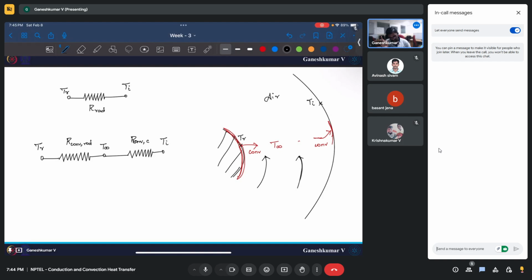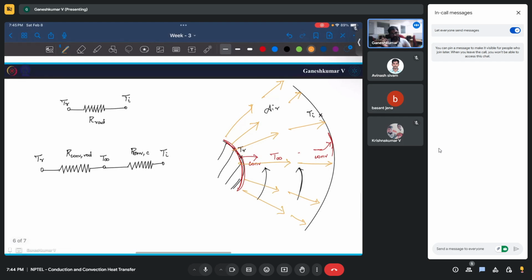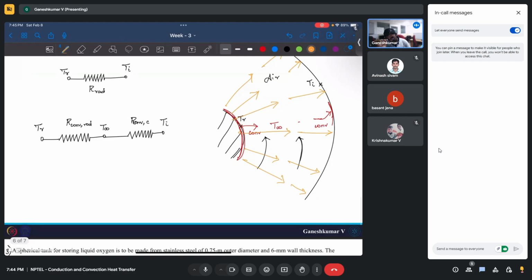Now similarly, radiation, which doesn't require any air, so it doesn't matter whether convection is happening or not, radiation is going to happen. It will travel from here and it will reach this place. Whether the convection happens or not, it doesn't matter. So what you have to do, the radiation resistance, which is also between TR and TI, which is what we did here.